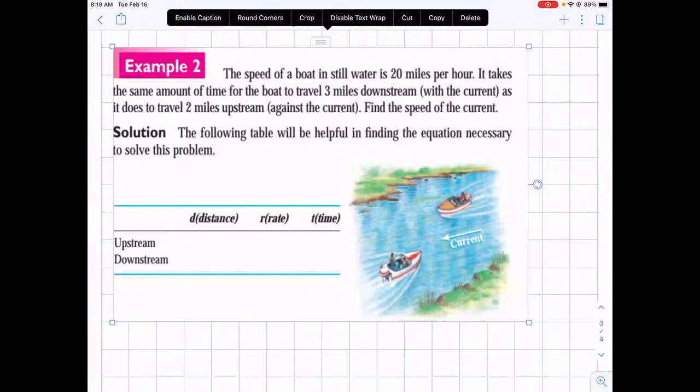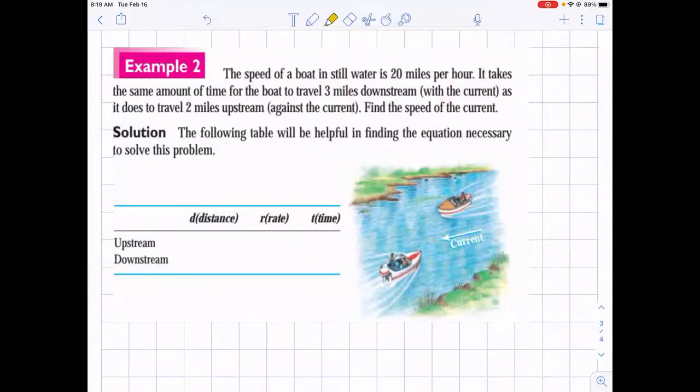Still water just means that the water is not moving. There is no movement in the water. So the speed in still water is 20 miles per hour, and that's the speed of the boat.